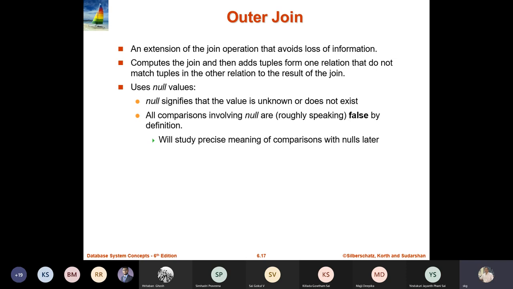Those which do not match in the outer join are also taken into consideration. So it uses null value. Null signifies that the value is unknown or does not exist. So comparisons involving null are false by definition. We will see some cases where nulls matter, like in case of a count, it will not count those, right? So we'll look precisely at this comparison with null later on, to see how null behaves.